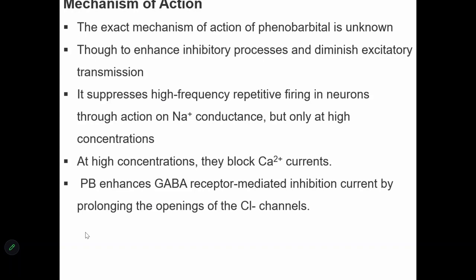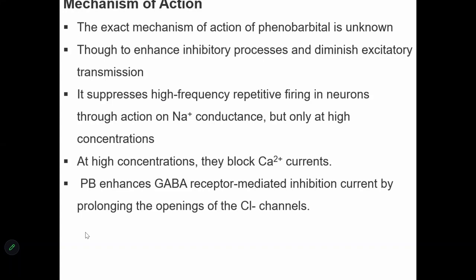However, it is postulated that it enhances inhibitory processes and diminishes excitatory neurotransmission, especially those ones that are mediated by sodium conductance. And that is known to work at very high concentrations. So when used, even with further concentrations, it blocks the calcium currents.